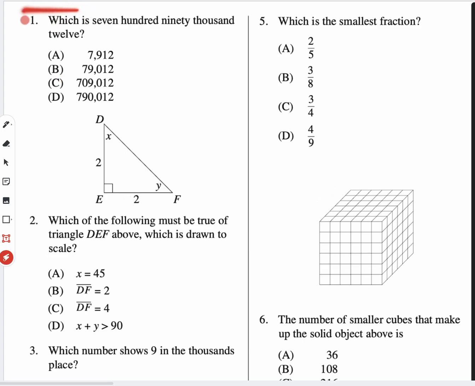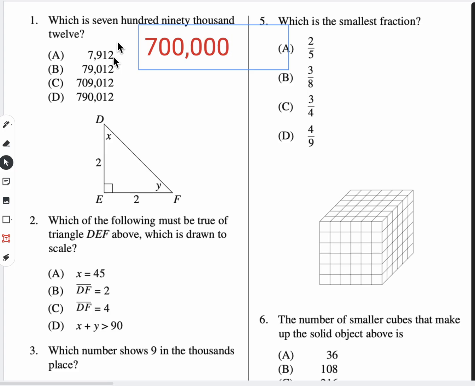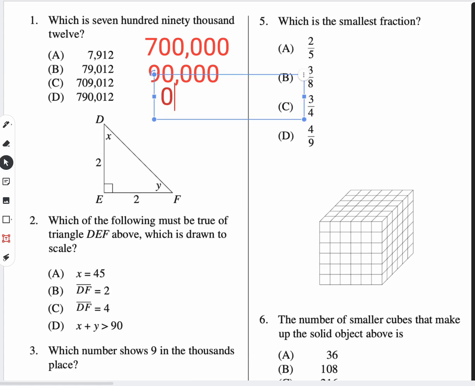Which is 790,012? Here we're looking at place values. Let's go ahead and write some of these out. 700,000, 90,000, and 12.